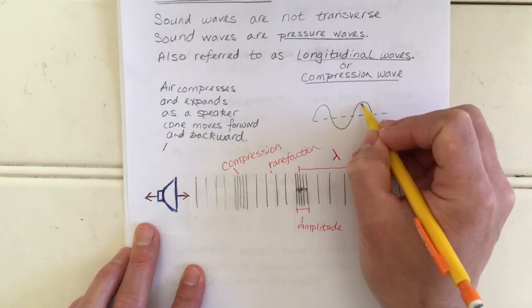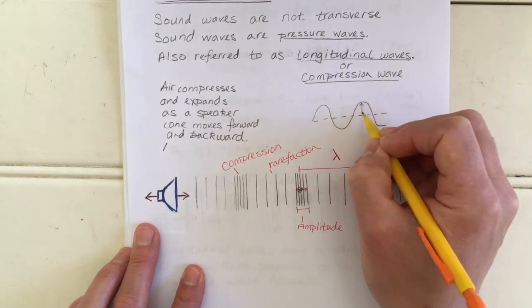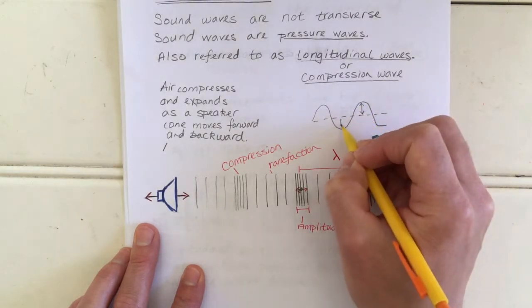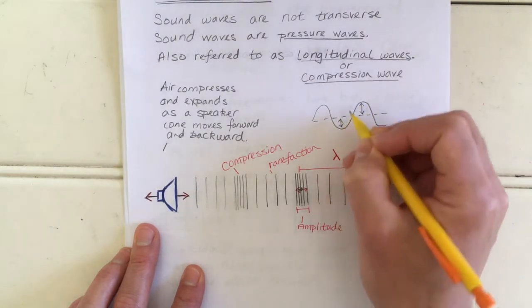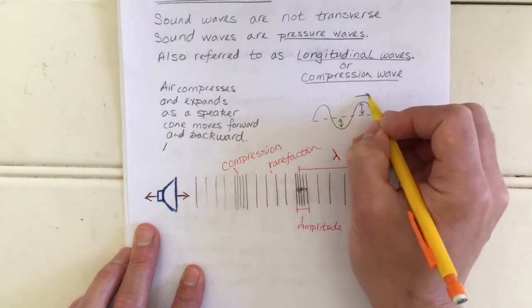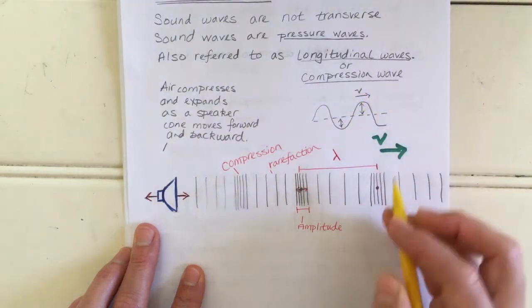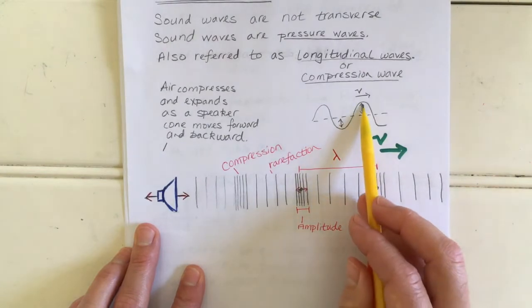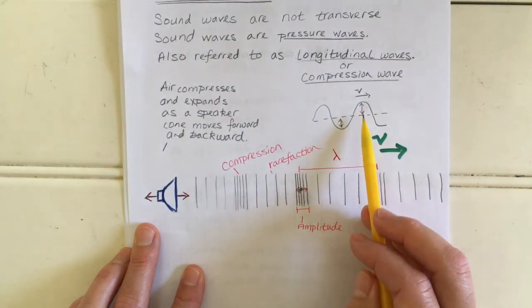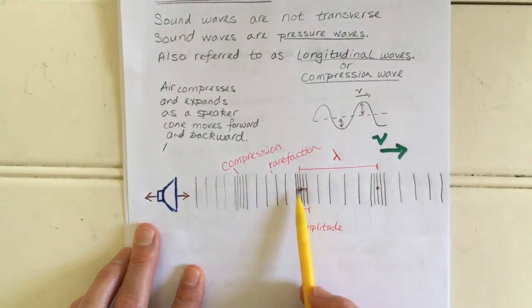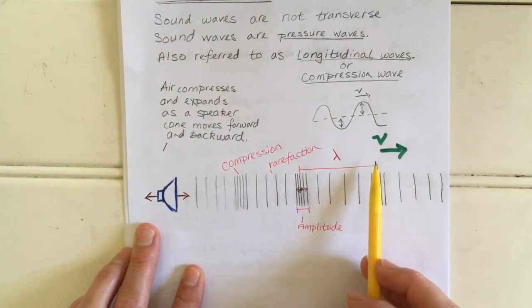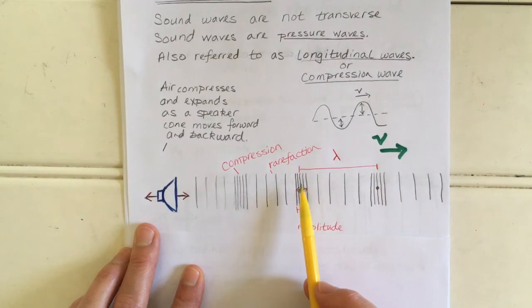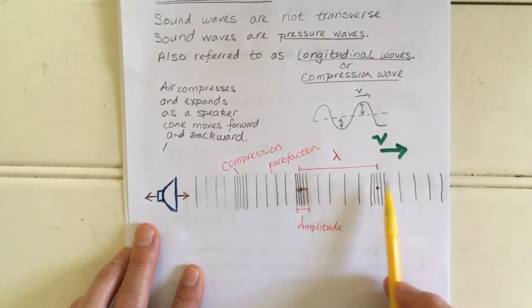And here our amplitude was up and down while our wave moved, say, to the right with some velocity. So this velocity is at 90 degrees to this amplitude, whereas here the amplitude is parallel to the velocity. And this compression will continue to move down the wave.